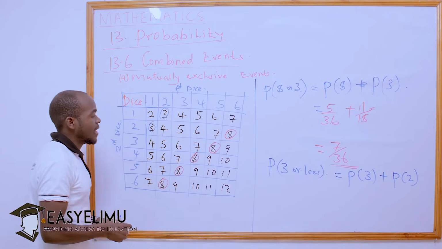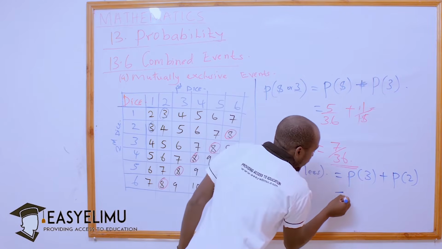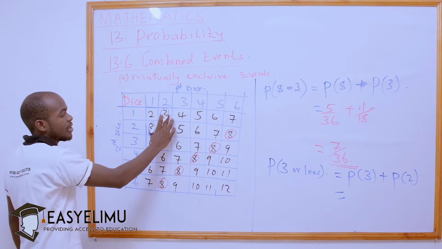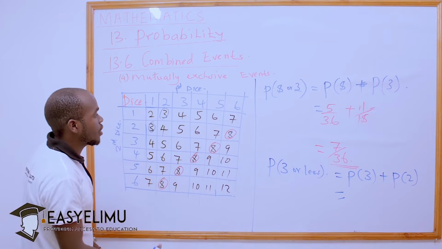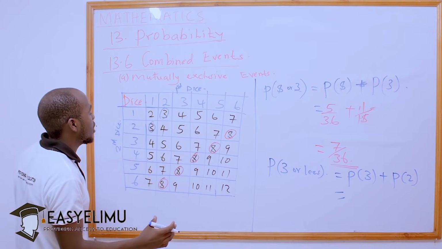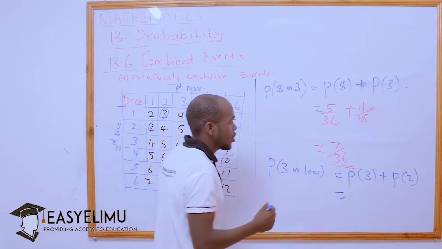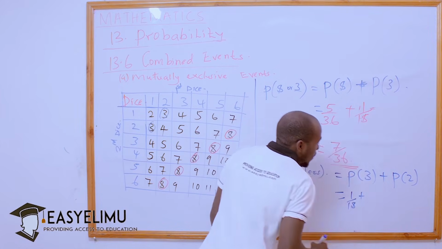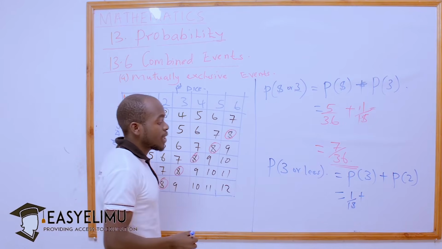So if that is the case, we shall now come up with the probability of 3. The sum showing 3 occurs twice, so it's 2 over 36, and that is 1 over 18, plus that of 2, which is 1 over 36.